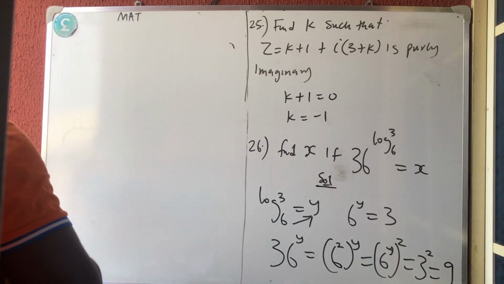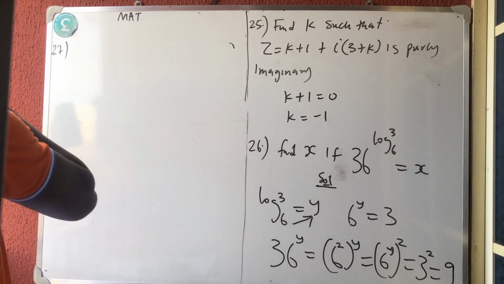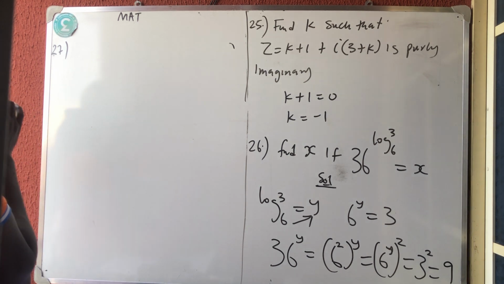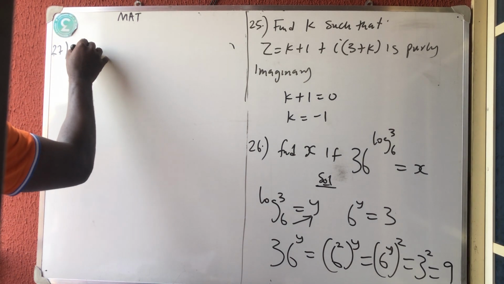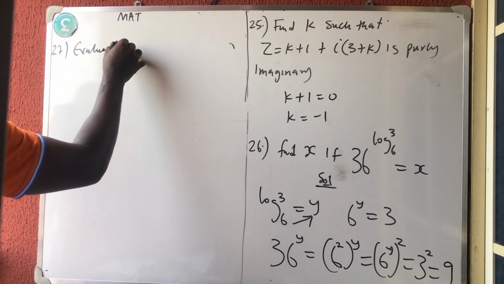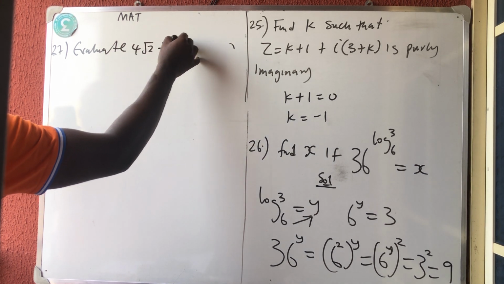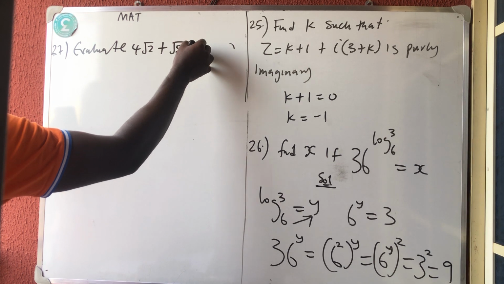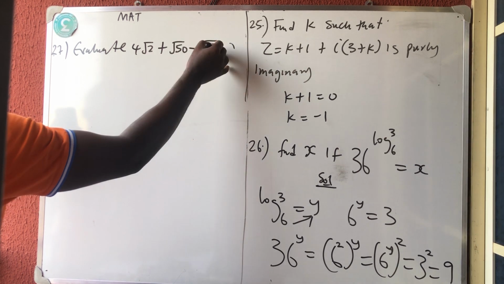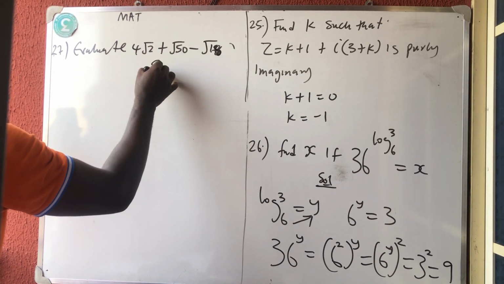Number 27. Number 27 says evaluate 4 root 2 plus root 50 minus root 18. Solution.